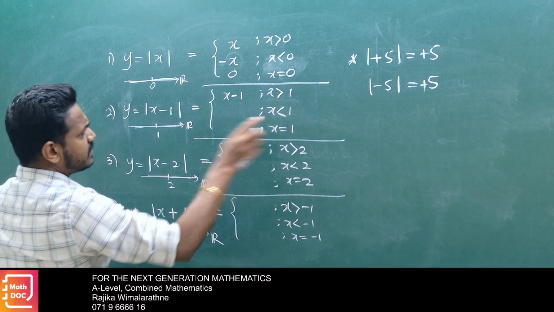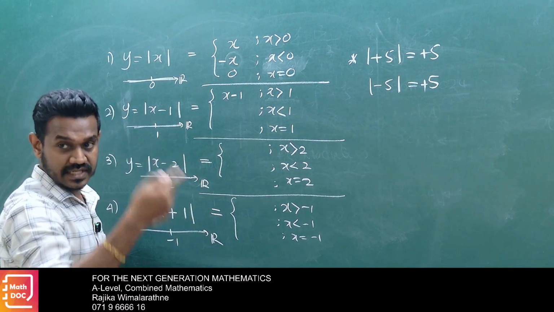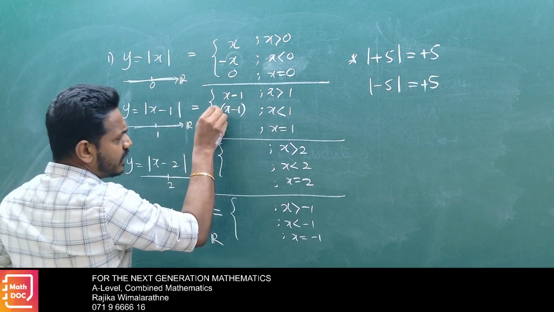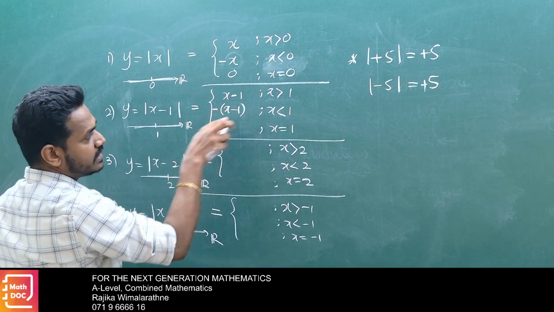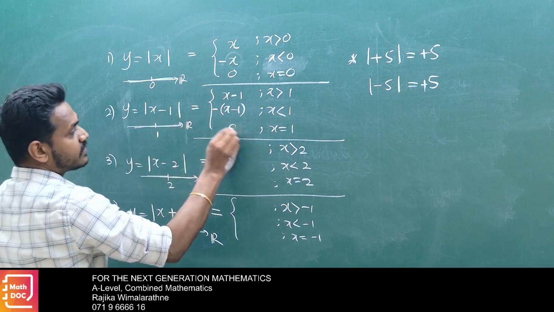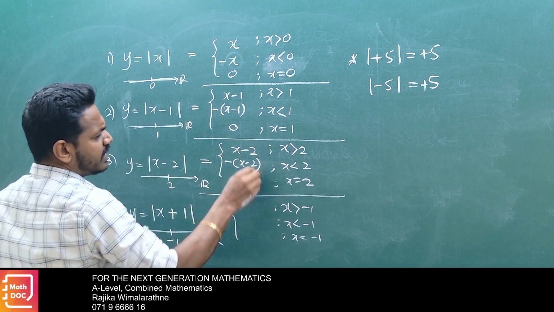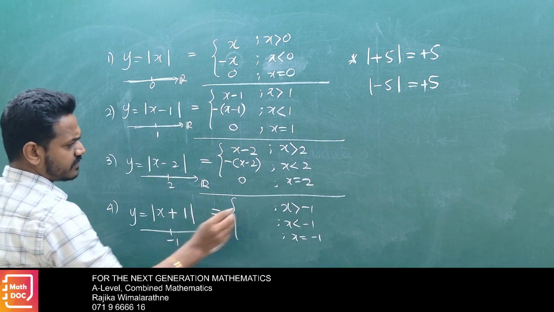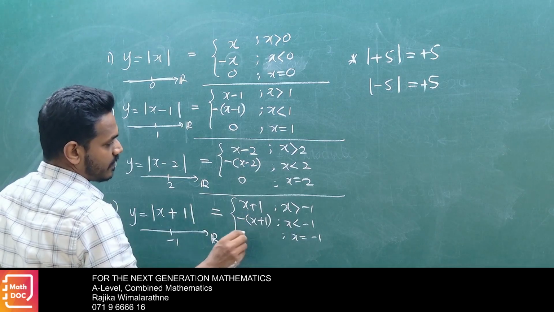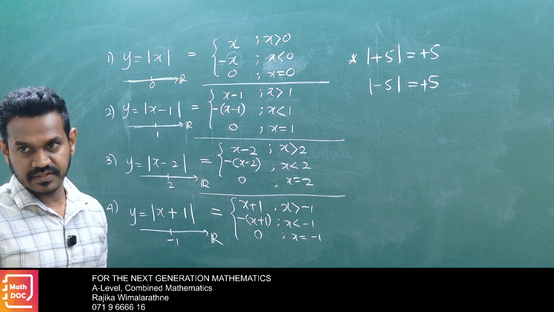For x less than 1, x minus 1 is negative, so we convert it to positive by putting a minus outside: negative times minus gives positive. When x equals 1, it is 0. For x greater than 2, positive; x less than 2, negative; x equals 2, 0. For x greater than minus 1, positive; x less than minus 1, negative; and x equals minus 1, 0. That's how we write the definition of modulus.